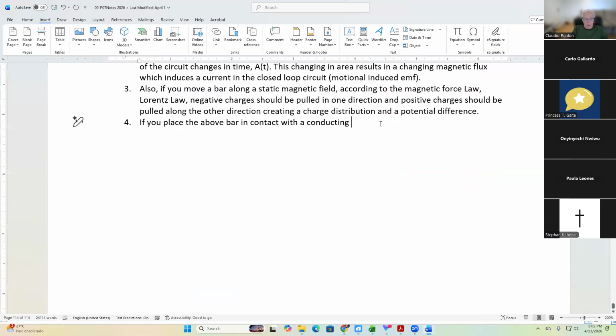A conducting rail, just think in terms of a railroad.